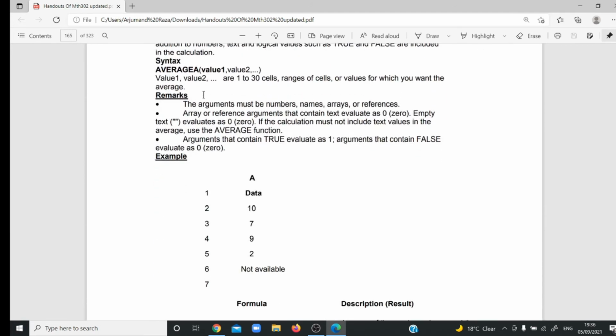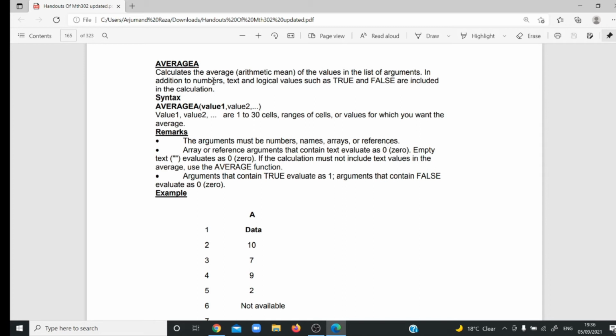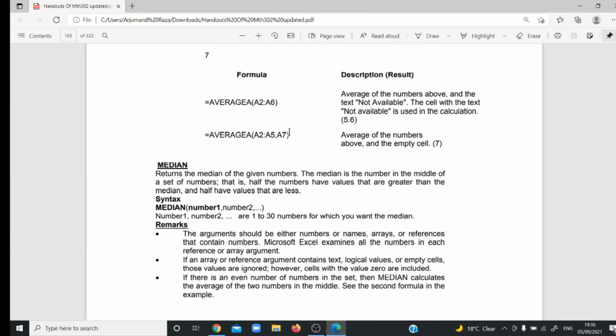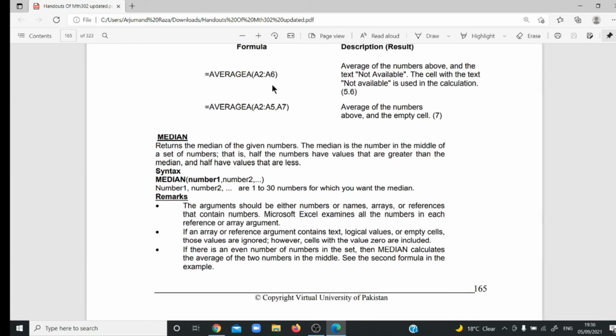While you're writing AVERAGEA, it means you are trying to find the arithmetic mean. They will ask you in exams how you will find the arithmetic mean in Excel. So AVERAGEA, bracket, and the values you want to find. You can take a reference from one side and another side and put a comma in between, and it will be done. Okay, like this one.